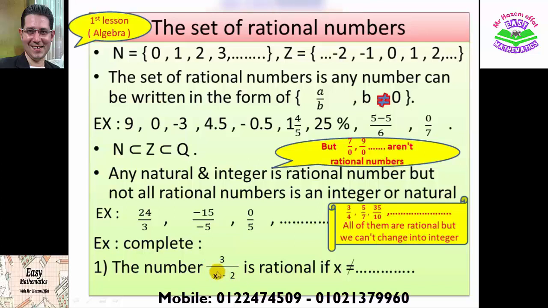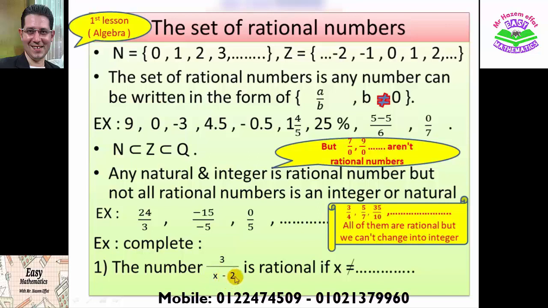And try to find the suitable number here and replace it by x to make this denominator equal 0, and then we reject it. Again, we try to find the suitable number which makes this denominator equal 0, and then exclude this number. What about the number which makes the denominator equal 0?